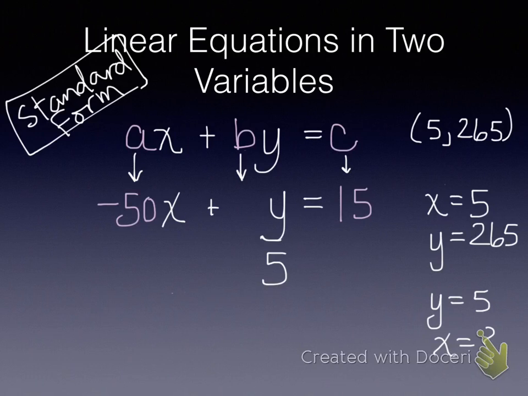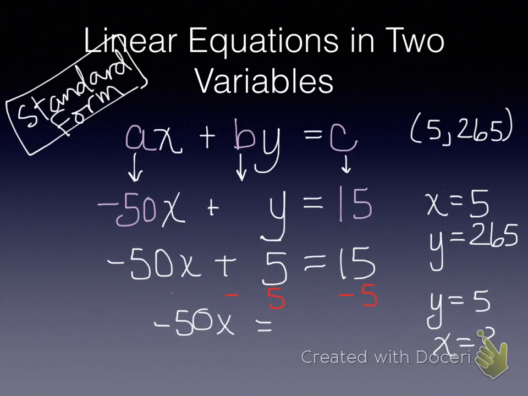So if y is 5, then my equation looks like this: negative 50x, because I don't know what x is, plus 5 is 15. To solve this equation, I'm going to need to subtract 5 from both sides. My new equation would be negative 50x is equal to 10.